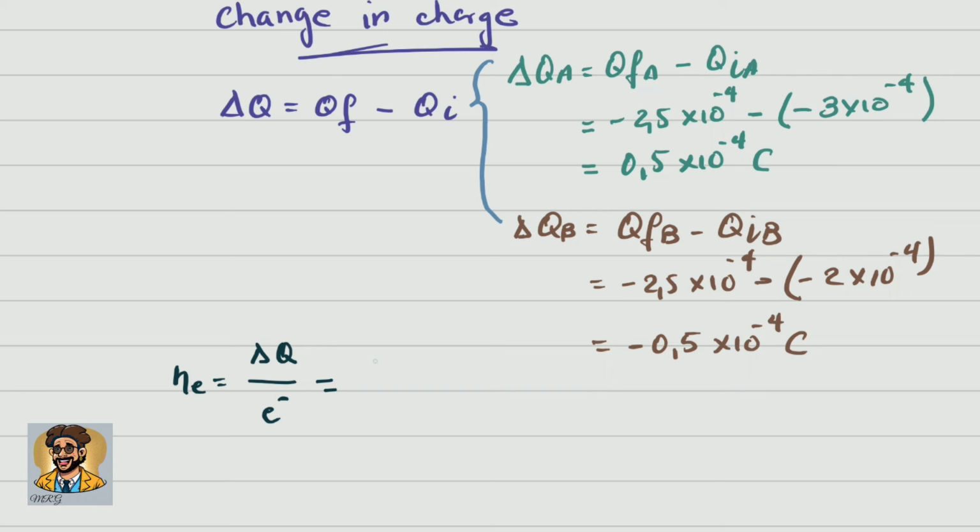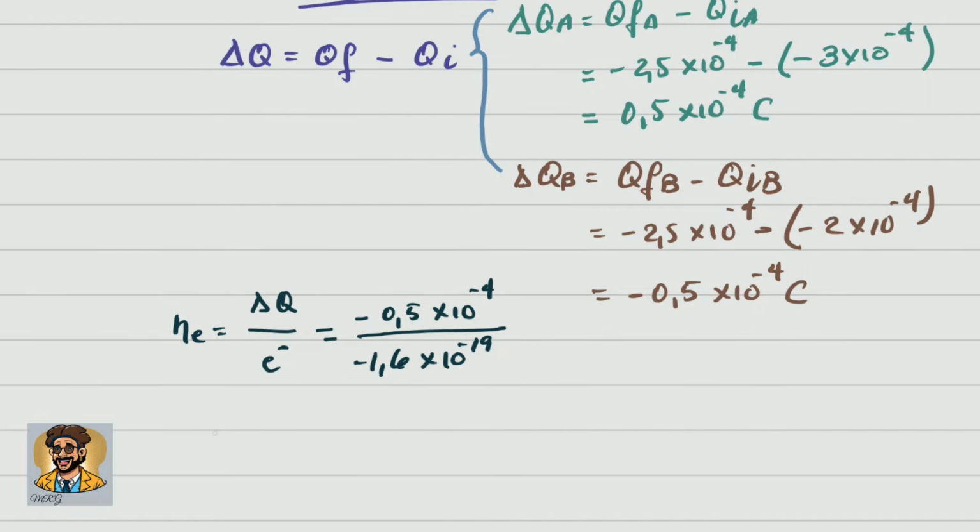So if we substitute here, we can use either one. We can have that 0,5 times 10 to the minus 4 divided by the charge of one electron, which is going to be given to you as negative 1,6 times 10 to the minus 19 coulombs. So the number of electrons that you are going to get here is going to be equal to 3,13 times 10 to the 14 electrons.